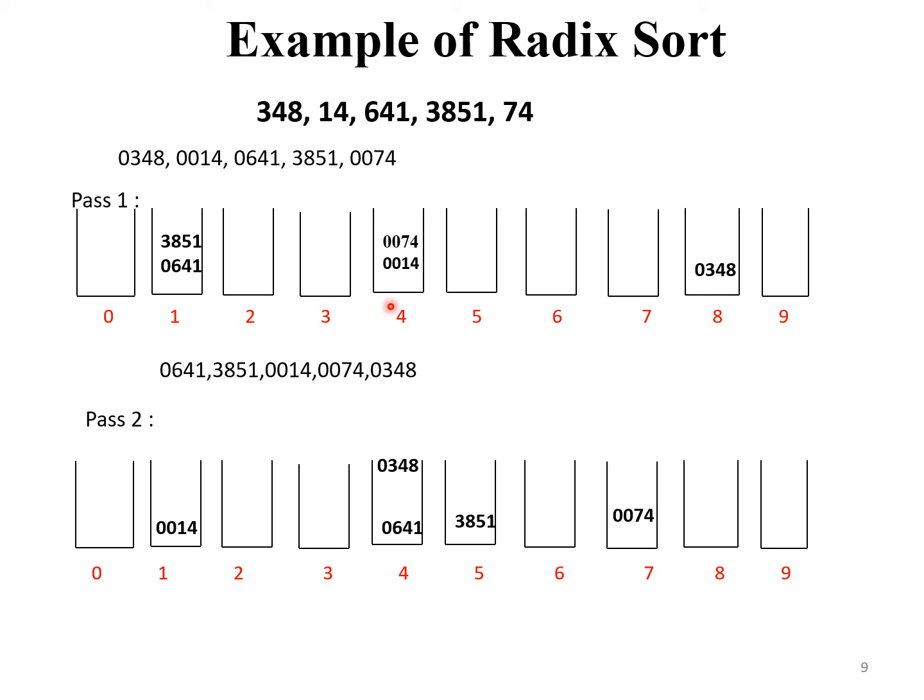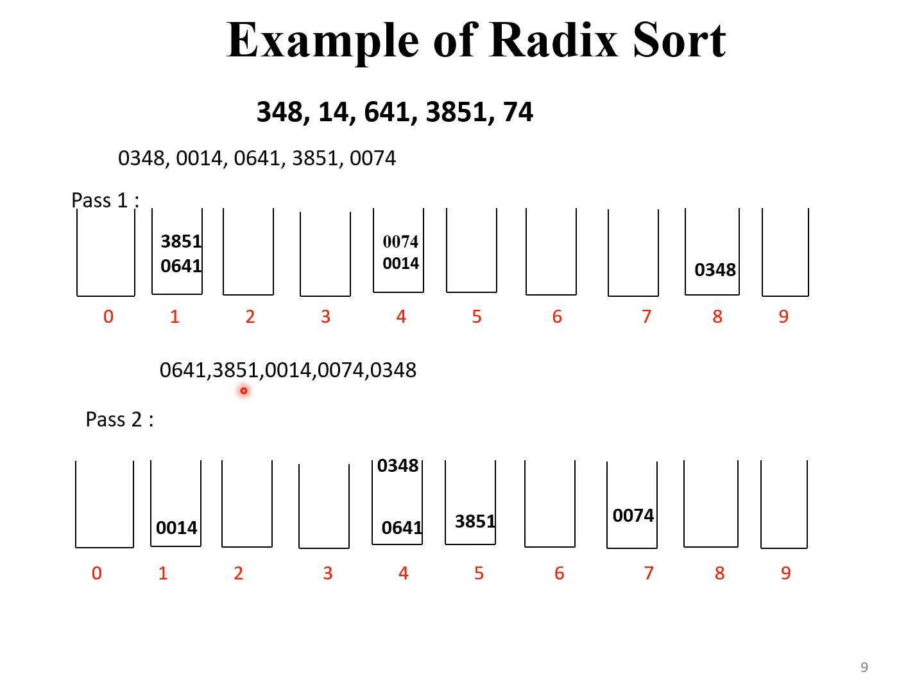Now we got a new array: 0641, 3851, 0014, 0074, 0348. In pass 2 we use this new array. Start from the first element 0641, we choose the second least significant digit, that is 4. That's why we place 0641 in the fourth bucket. Next is 3851.